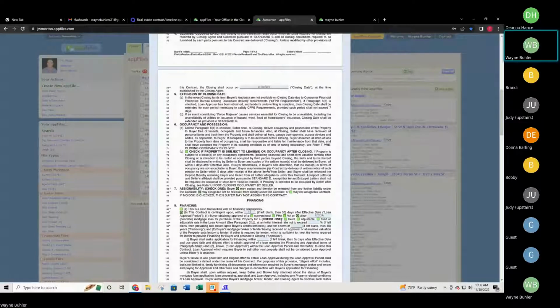Her request was, I don't want an investor purchasing this property. All right, is an investor a protected class? It is not a protected class. So that is fully legal, we checked, for a seller to say. Again, it's not race, religion, skin color, any of that stuff. So we're good, not a protected class.